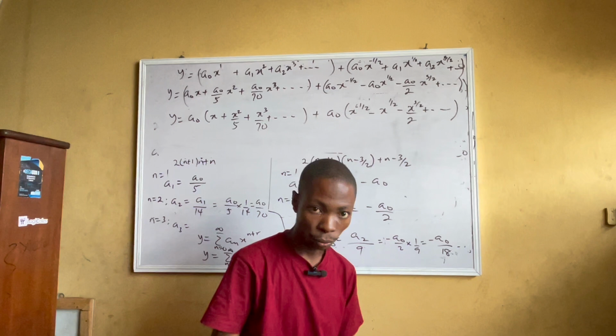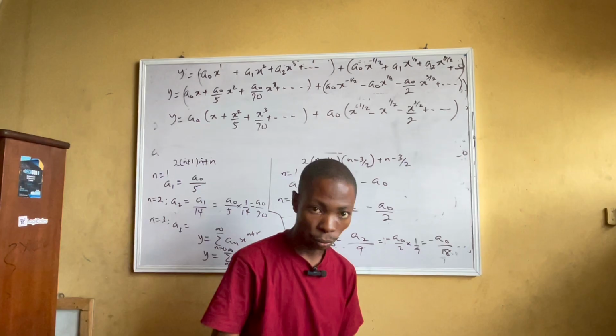So this a1, change it to minus a0. That is minus a0 over 2, because all our answers will be in terms of a0 for the Frobenius method. But for power series, the answer will be in terms of a1 and a0. Those are the two boundary conditions.